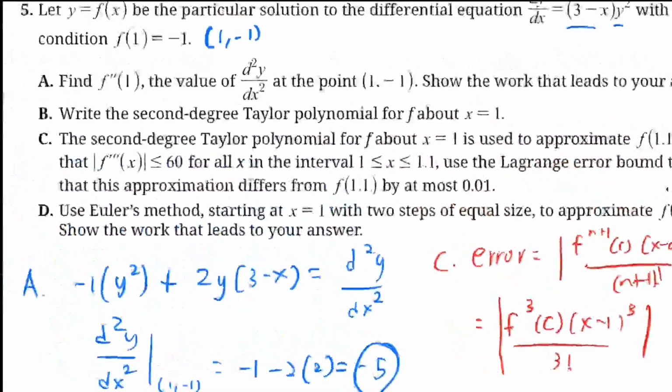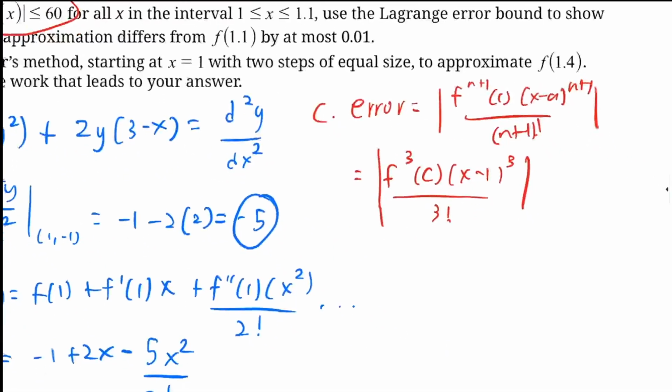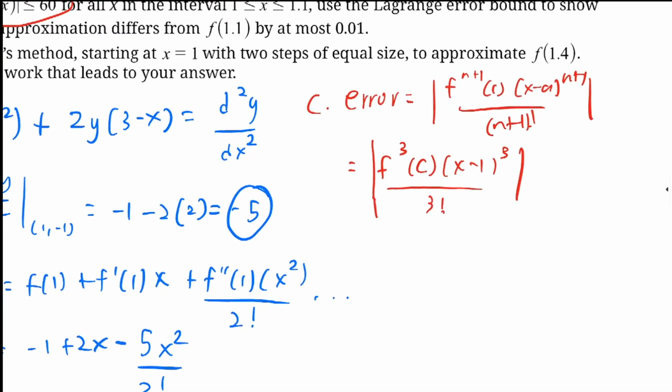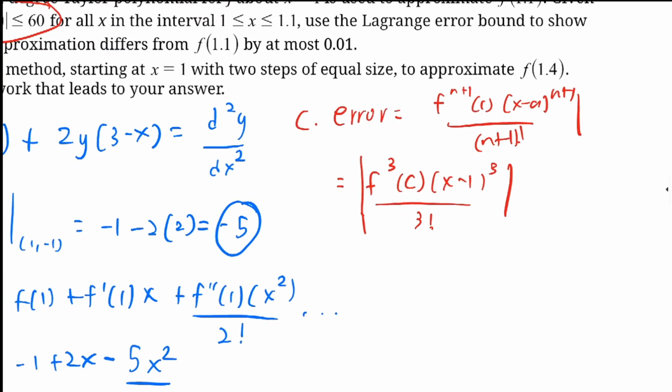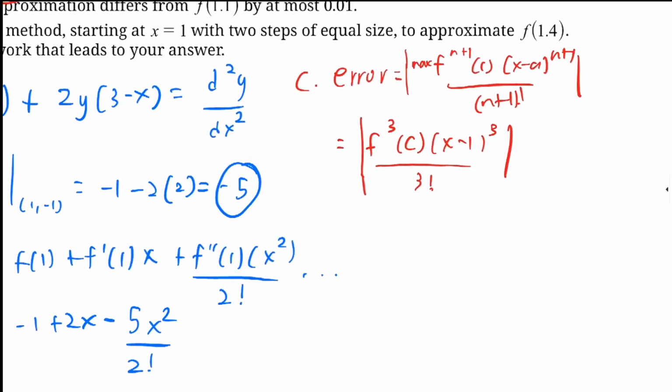They told us this information right here, that the third derivative is less than or equal to 60, because remember, I should rewrite this, error is equal to the maximum of the f to the n plus 1 derivative. So let me rephrase this, guys. I apologize.